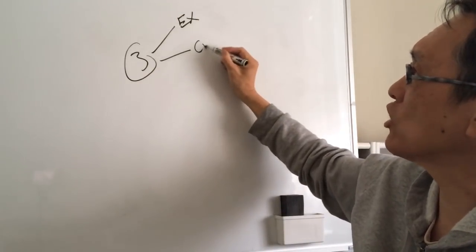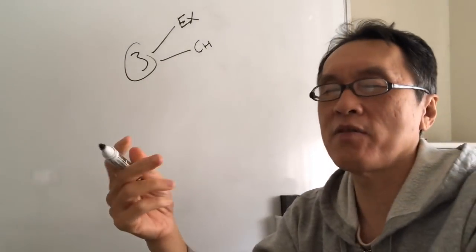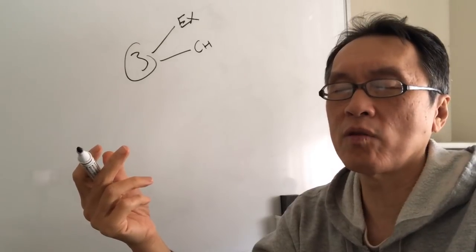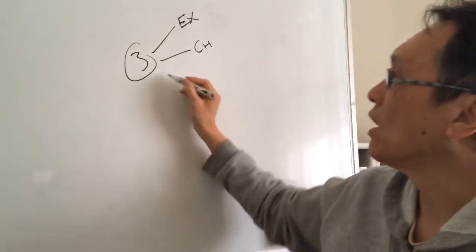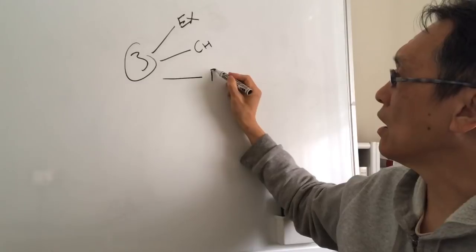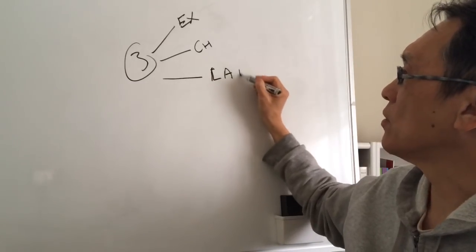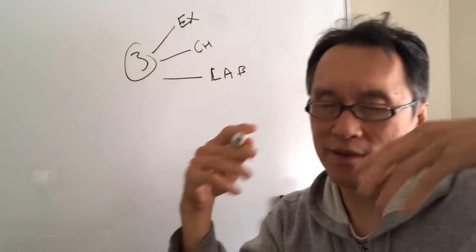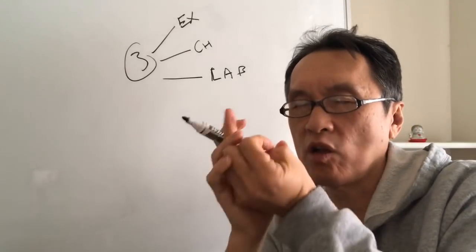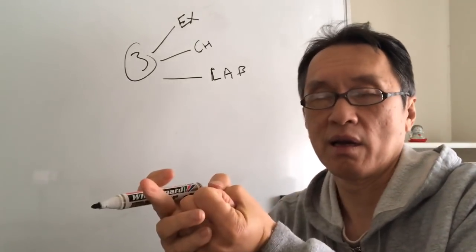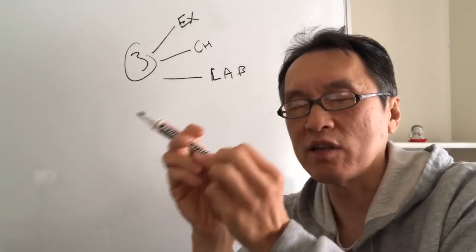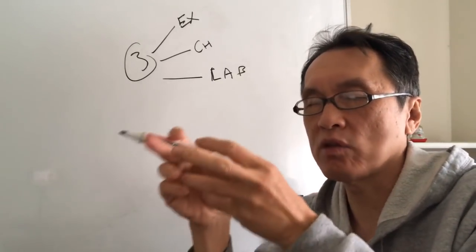The second is channel work, where you activate the channels or make them more fluent. The third is lower abs based, built on proper lower abs breathing, and it has to develop into the natural resonant state.